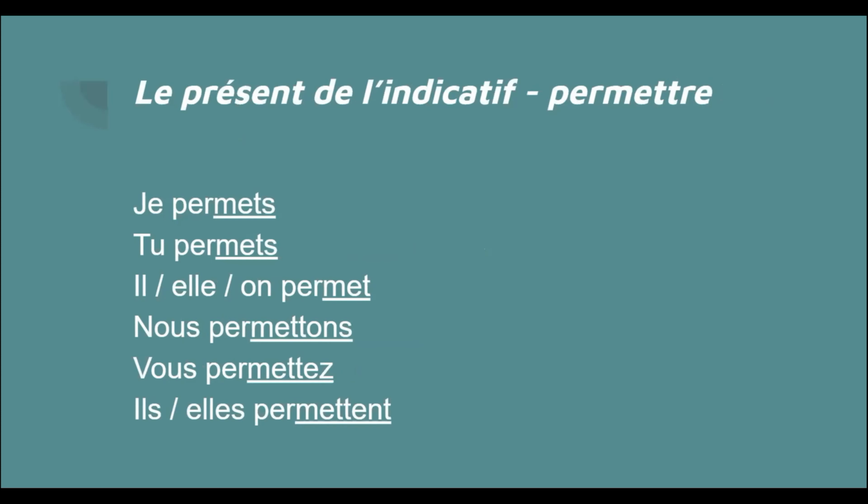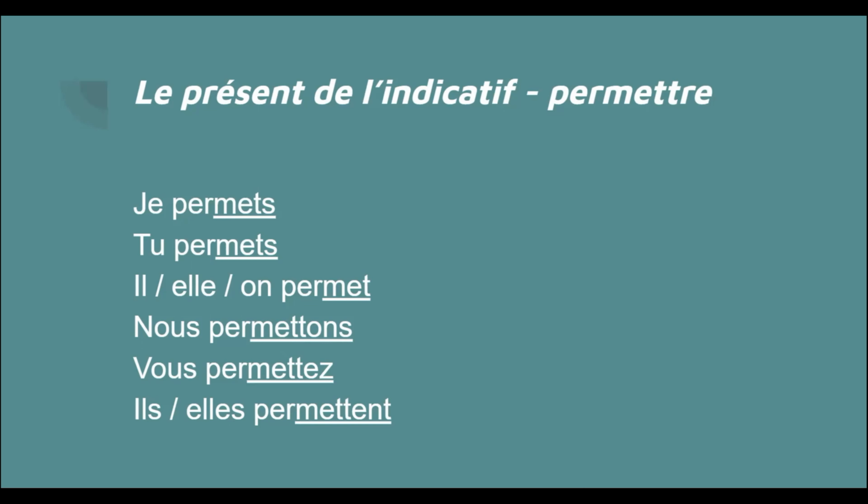For example, le présent de l'indicatif of the verb permettre, to allow or to permit, is je permets, tu permets, il, elle, on permet, nous permettons, vous permettez, ils, elles permettent. Remember that for the verb mettre, it was only the underlined part. Je mets, tu mets, il met, etc.